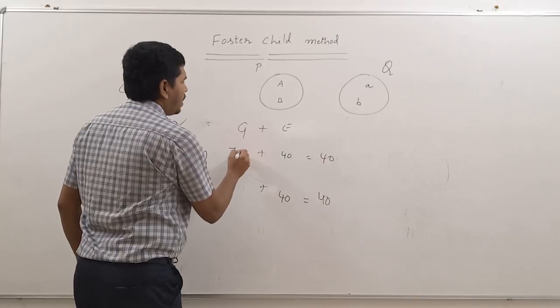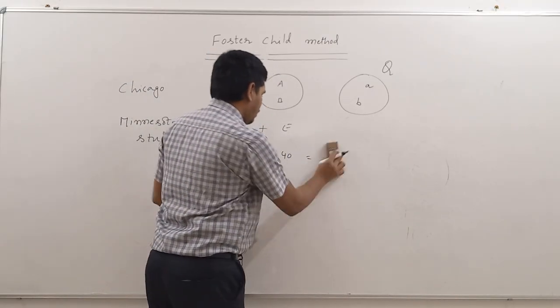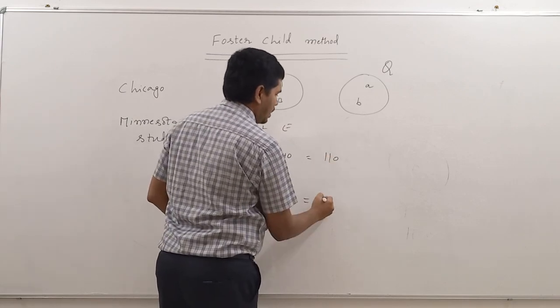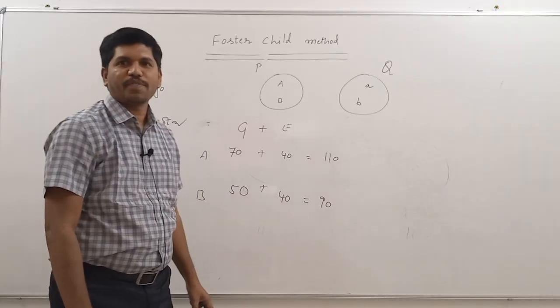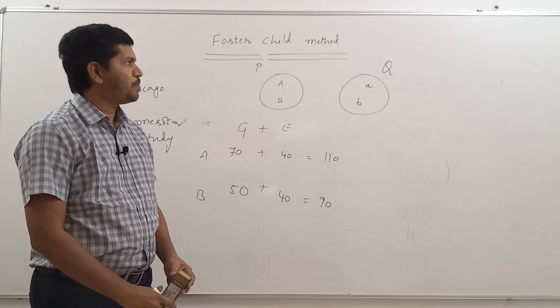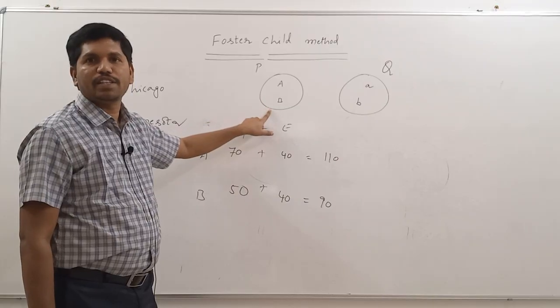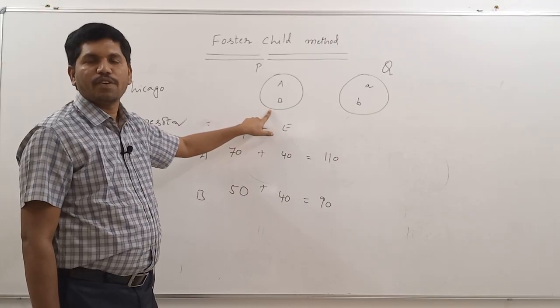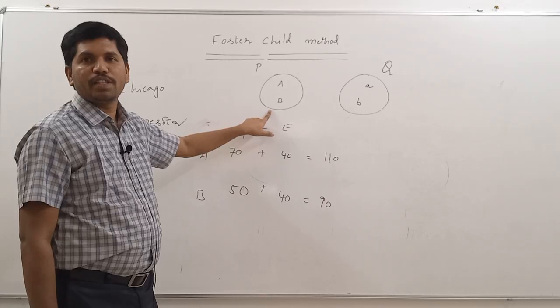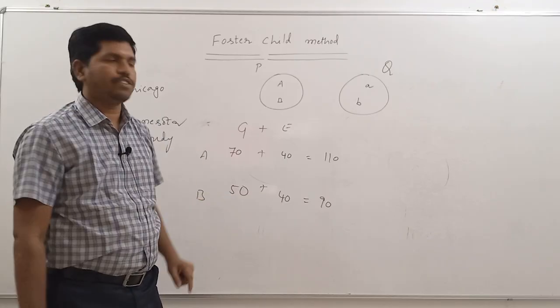Definitely there will be different IQ levels. Then here 110, here 90. In reality also, they observed that even though there is a similar home environment, they developed a variation in the IQ levels. That's why they concluded that genes have a role in the development of intelligence.